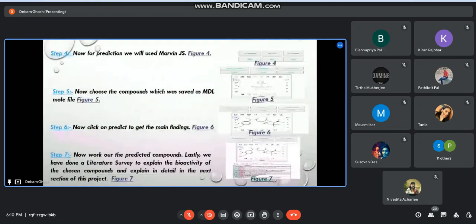Step 4: for prediction we use the Marvin.js option, as shown in figure 4. Step 5: we chose the compound saved as an MDL mol file, as shown in figure 5. Step 6: click on predict to get the main findings, as shown in figure 6. Step 7: we work with the predicted compounds. Lastly, we did a literature survey to explain the bioactivity of the chosen compounds, explained in detail in the next section of the project.